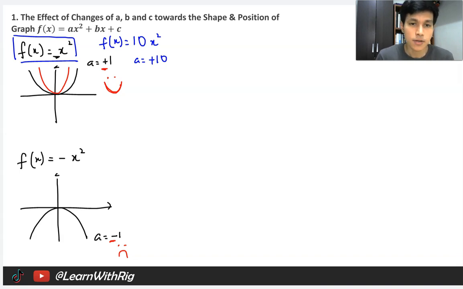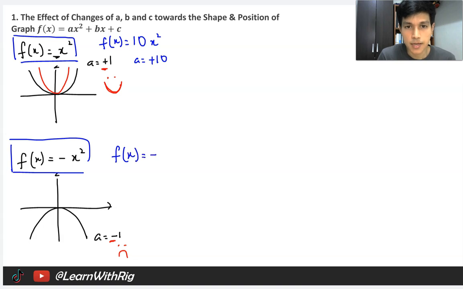Now what about a negative graph? If it's a negative graph, remember the basic is this, correct? Now it's going to change from that to negative 10x squared. Now because it is a negative graph, it's going to be N-shaped, correct? That one we already know, right? That's the basic.